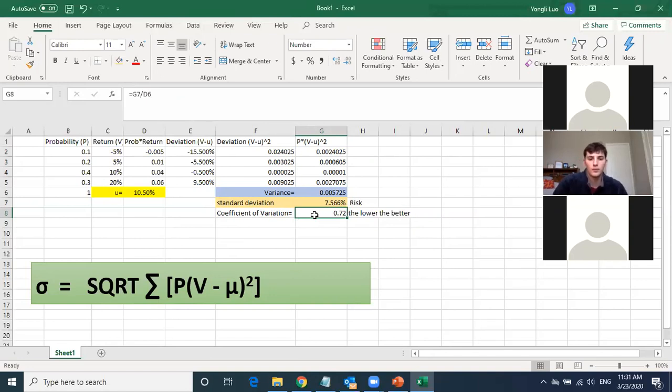Once you calculate it, see which stock has the lowest coefficient of variation, and you choose the one with the lower coefficient of variation. That's your strategy. The lower the coefficient of variation, the better.